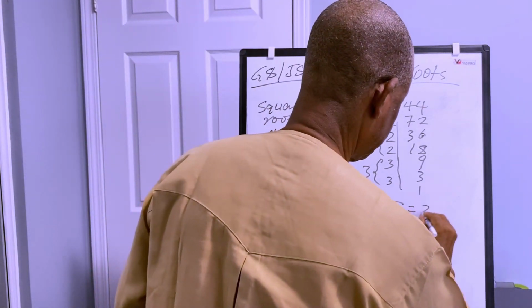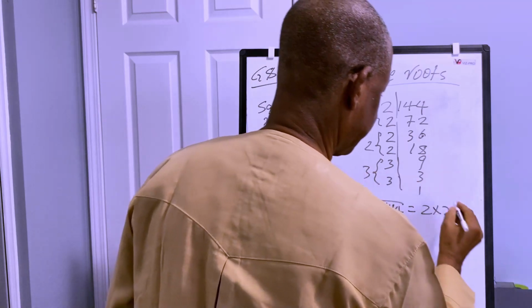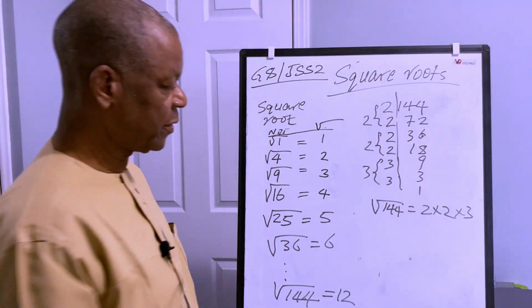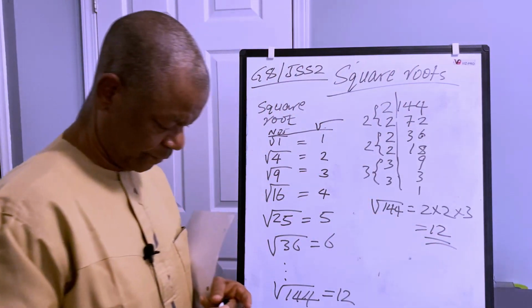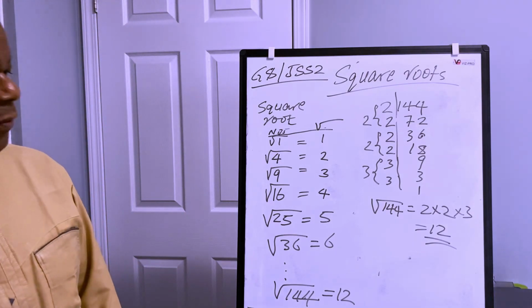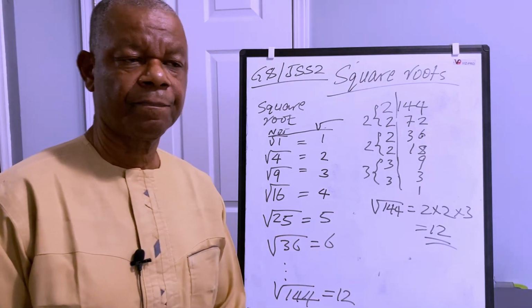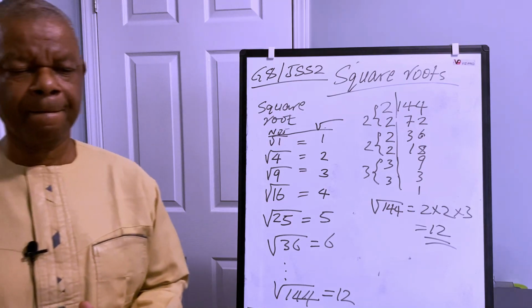That is 2 times 2 times 3. 2 times 2 is 4, and 4 times 3 is 12. We have found that the square root of 144 is 12. That is for the square root of numbers.